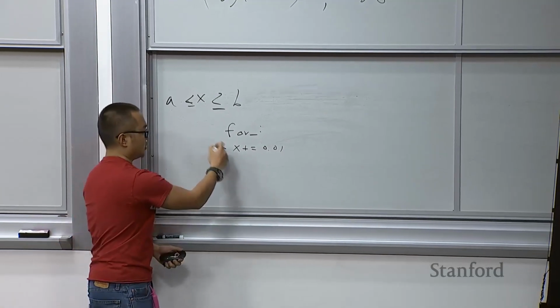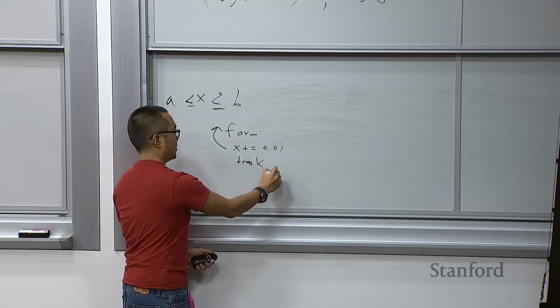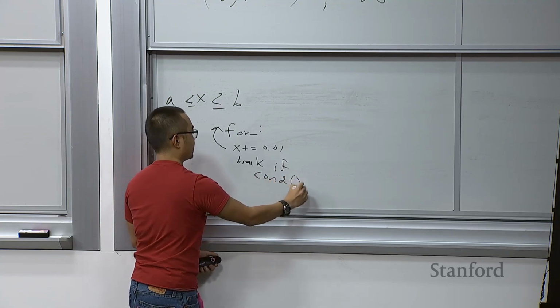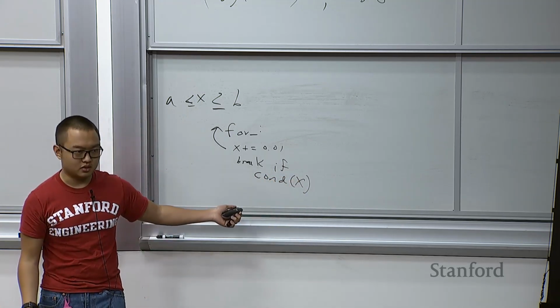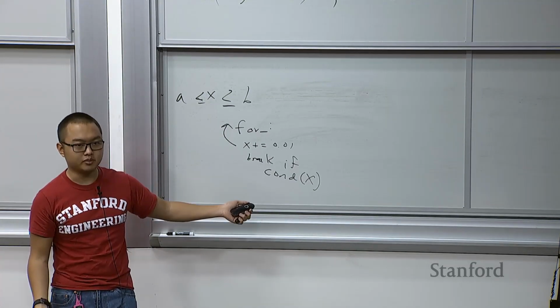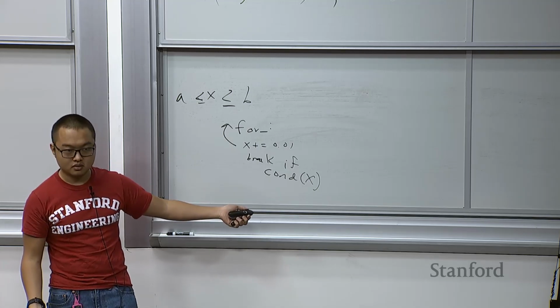You're just going to be looping through this until you break if you have some condition on x. So this is a grid search strategy where you sweep over all the possible values of x up to some precision, and it will return the value that you need.